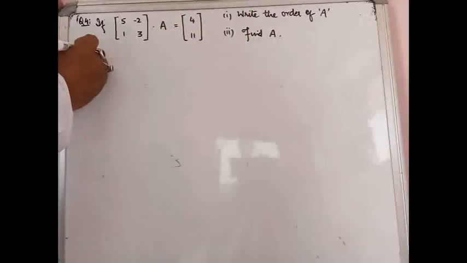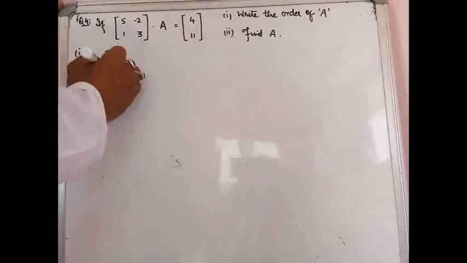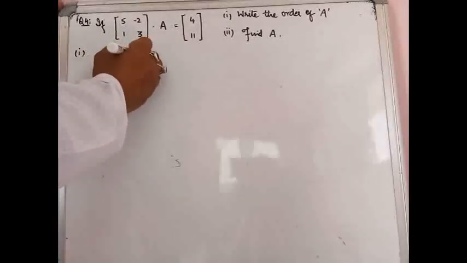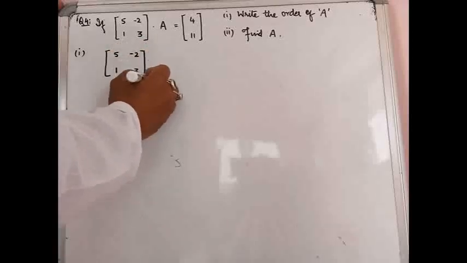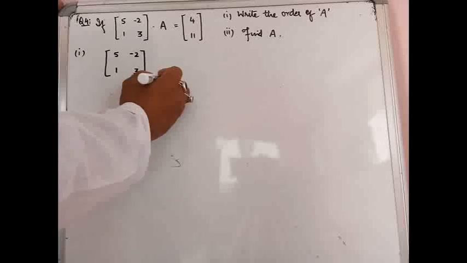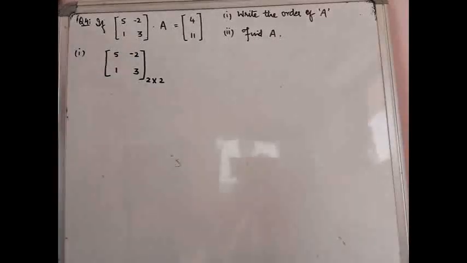So the first thing that we will do is write this 5 minus 2 1 3. What is the order of this matrix? The order of this matrix is 2 by 2.